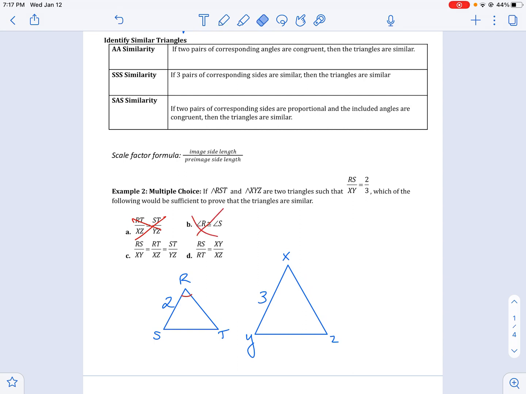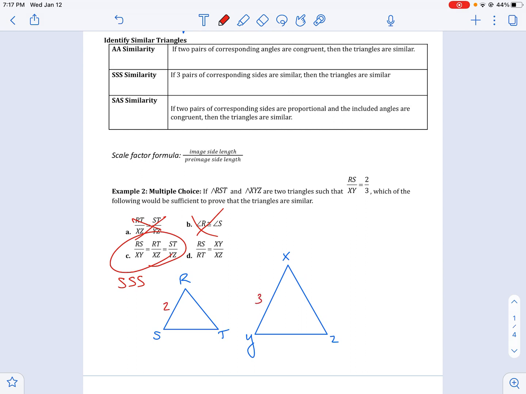Okay, and if I had three pairs of sides that were all the same ratio, the same proportion, they're all proportional, that would be enough. Because that would get me side, side, side. I don't even need to know what the ratio is. All I need to know is that they are proportional. And then our last one, we said this was 2/3.